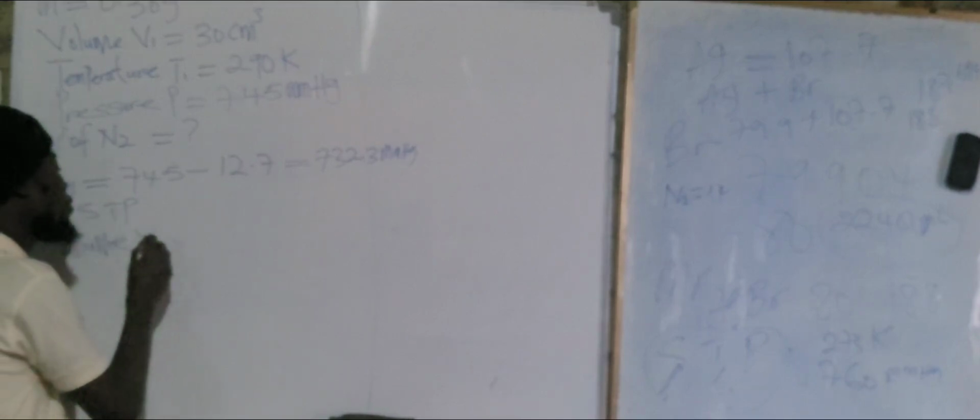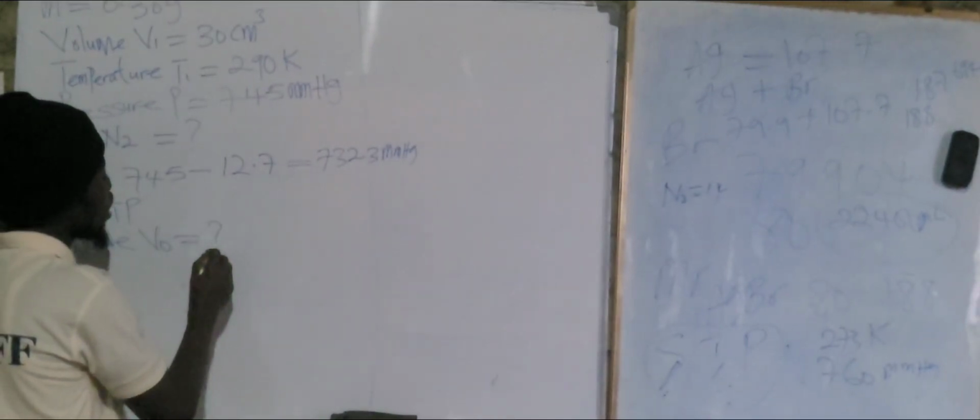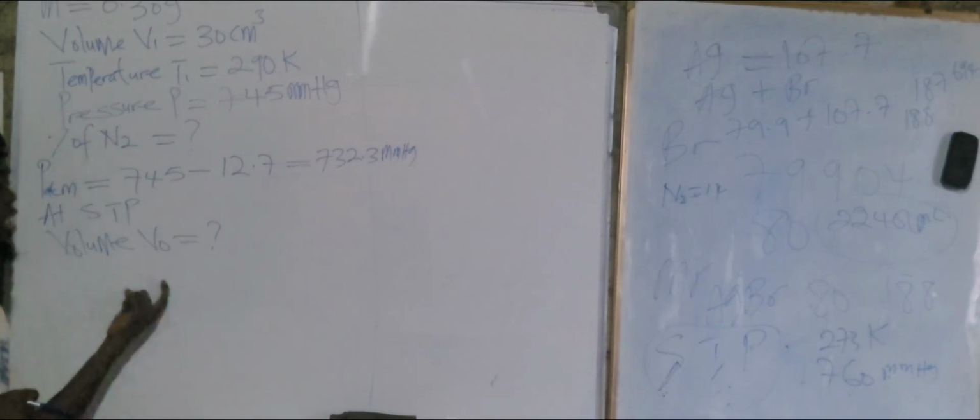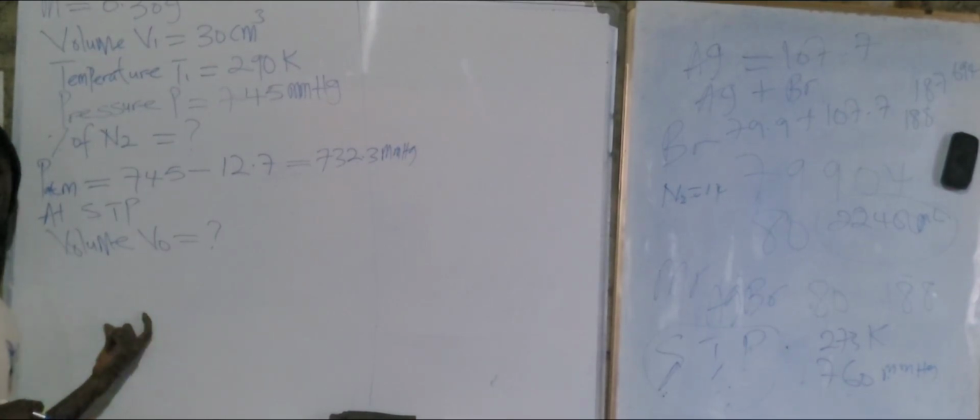Let me write volume. Volume here, that is V0, the original volume, is our question, because we have to get the volume.